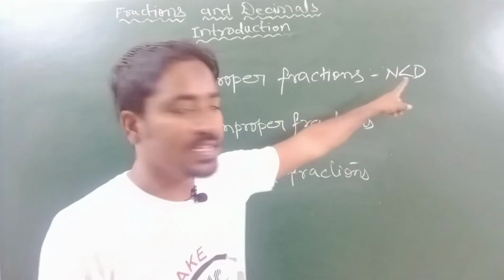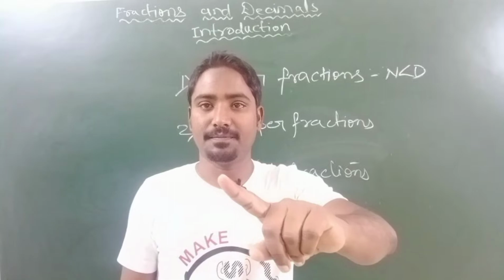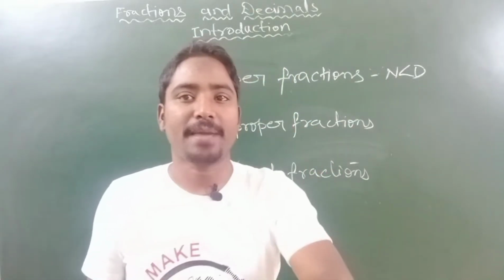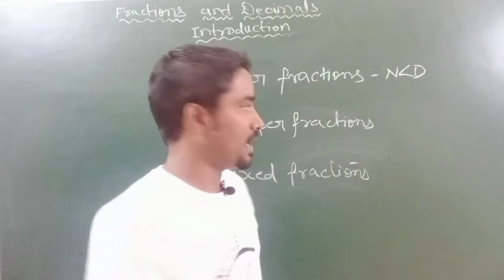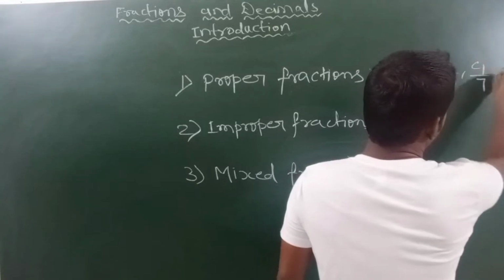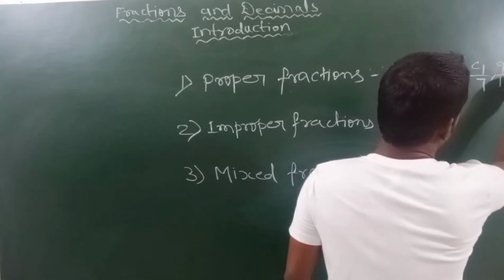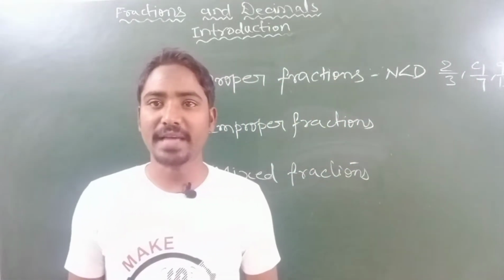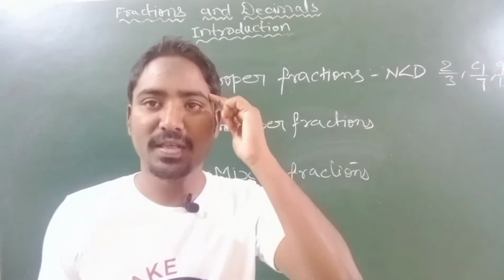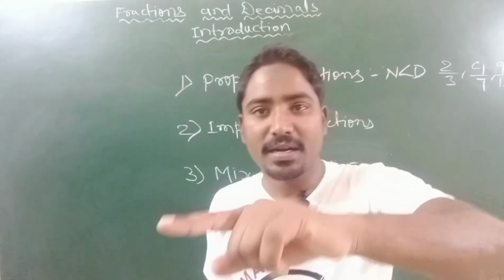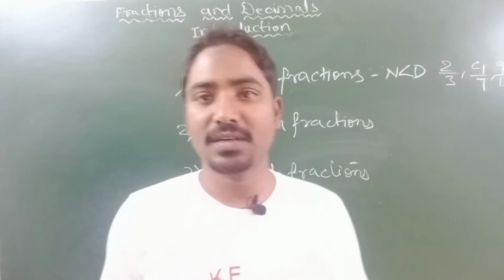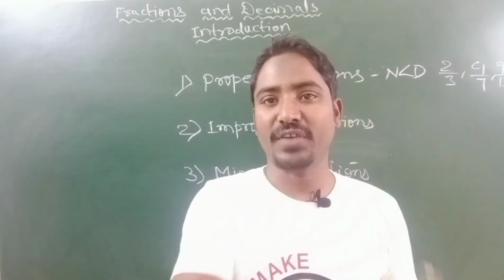So when numerator is less than the denominator, then such type of fractions will be categorized as proper fractions, like for example 2 upon 3, 4 upon 7, 9 upon 13. Like this, we are having a number of examples. Just keep in mind that when numerator is less than the denominator, such fractions are proper fractions.